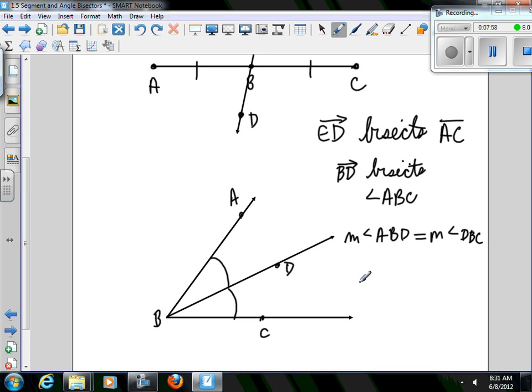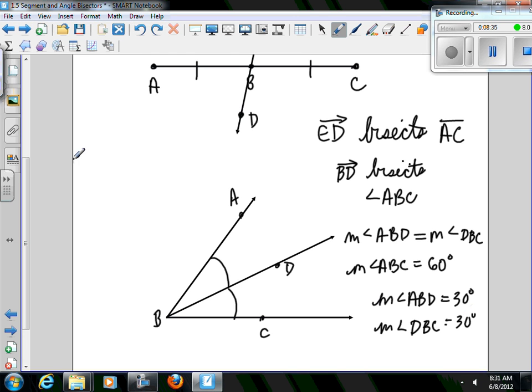Okay, so for example, let's say that the measure of angle ABC equals 60 degrees. What would be the measure of angles ABD and the measure of angle DBC? What would those measures be? Well, you'd have to split up the 60 degrees between the two of them. So if you divide those by 2, they'd each be 30 degrees. Okay, so that's how bisectors work.